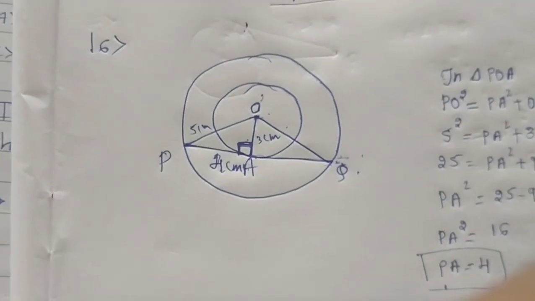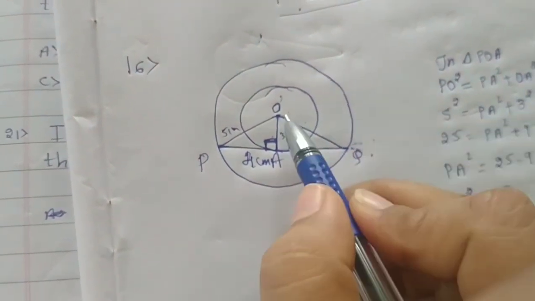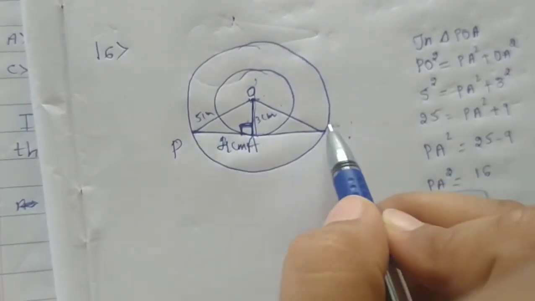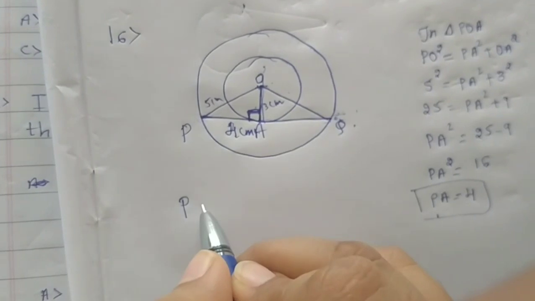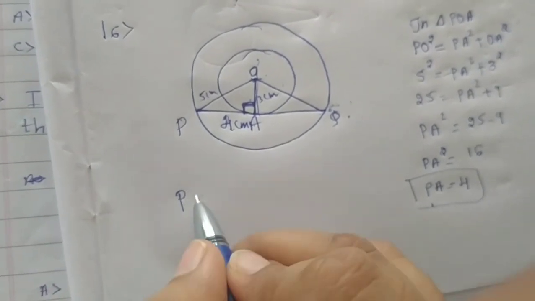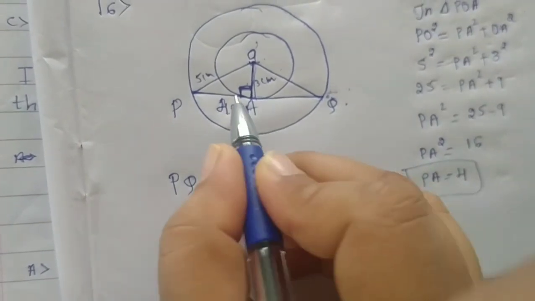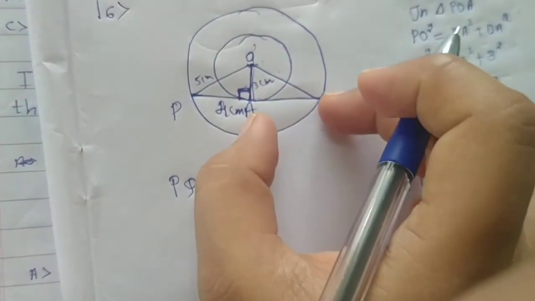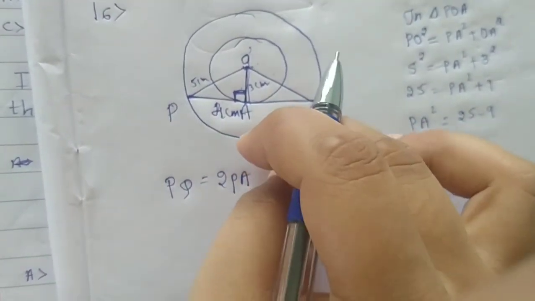Now you can easily write the value of PQ. As OA is the bisector, it is bisecting this PQ, right? So the value of PQ is nothing but 2PA. The PA value we know, and this other half should also be the same 4 centimeter.